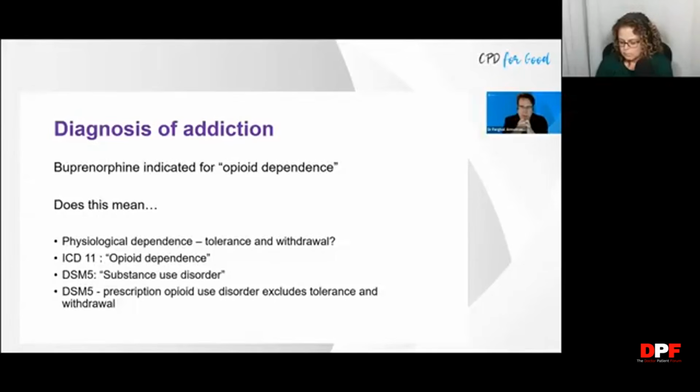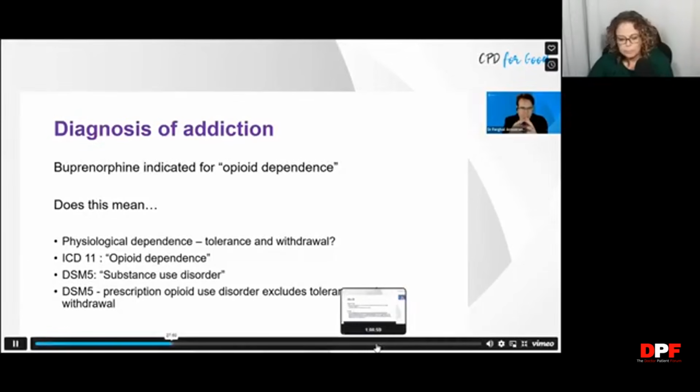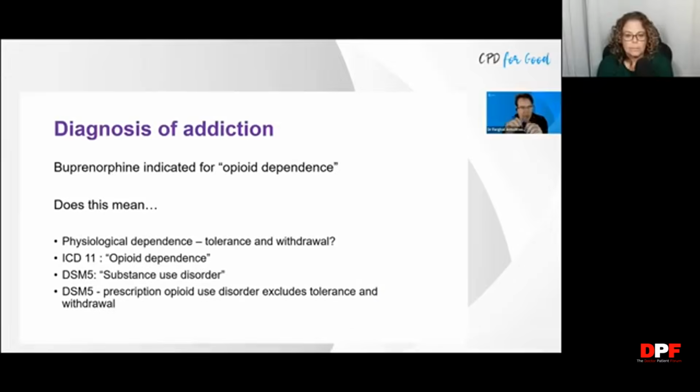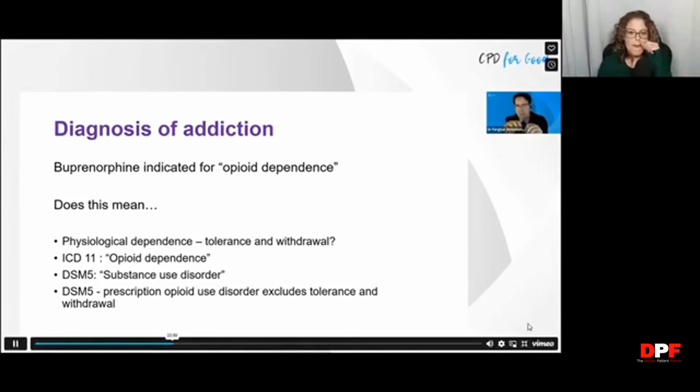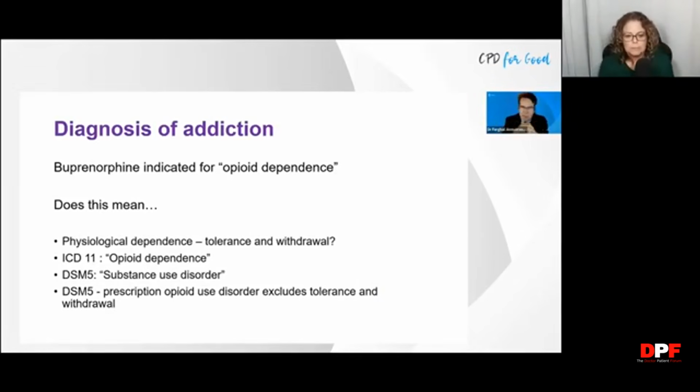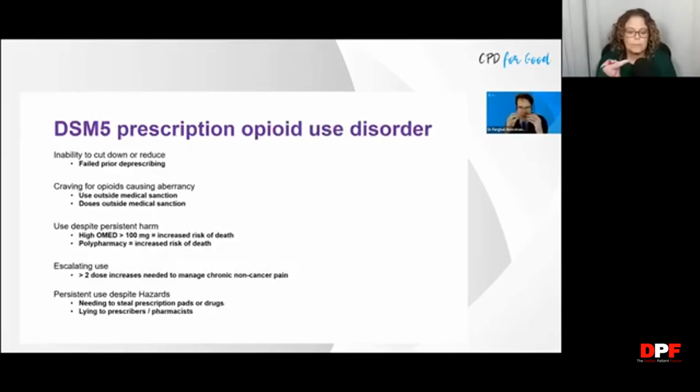But if you're going to consider DSM-5's substance use disorder criteria, it's important to understand that in the context of prescription opioid use disorder, i.e. painkiller addiction, that you cannot use tolerance and withdrawal, which are the very same criteria that can be used to diagnose physiological dependence.